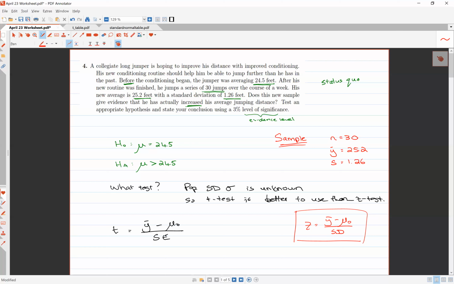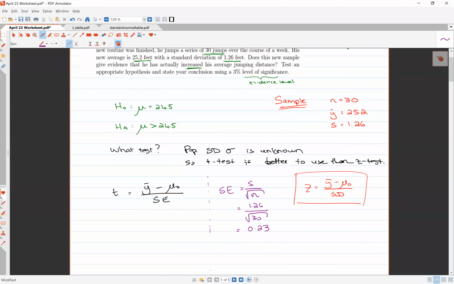In one case, you just use sigma over square root of n. And in our case, where we don't have sigma, the standard error is given by s over square root of n. So in this case, 1.26 over square root of the sample size of 30. And so our standard error here is 0.23.